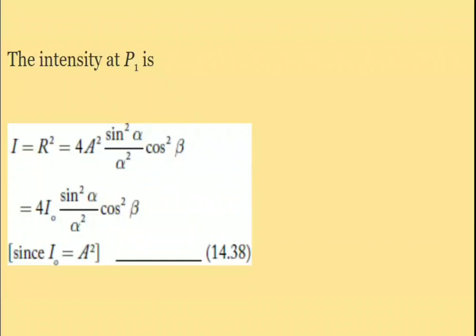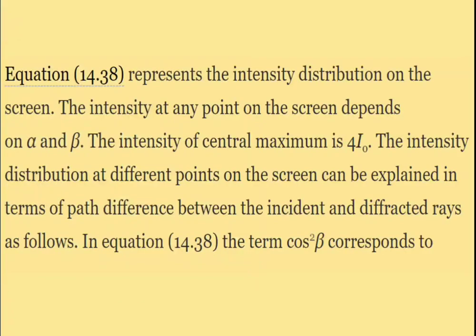Next, on the basis of this formula, we have to discuss what are the conditions for diffraction and interference. The equation 14.38 represents the intensity distribution on the screen.